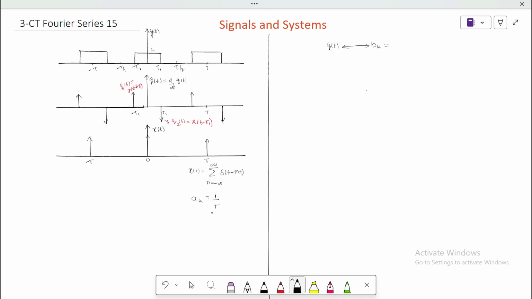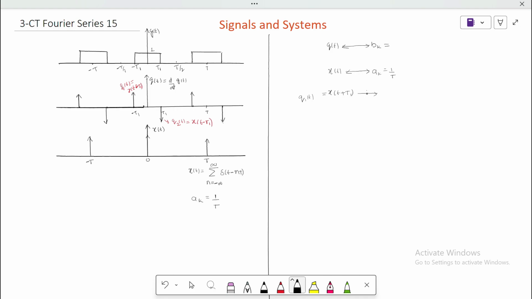Already we know that the Fourier series coefficient of x of t, that is ak, equals 1 by T. Now the advanced signal x of t plus t1, we are assuming it is q1 of t.